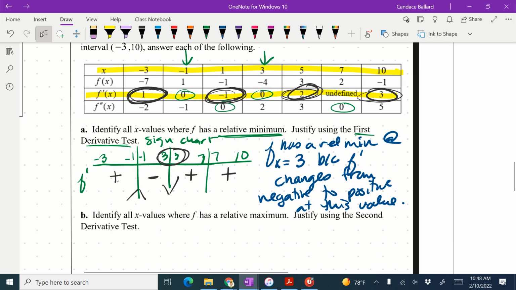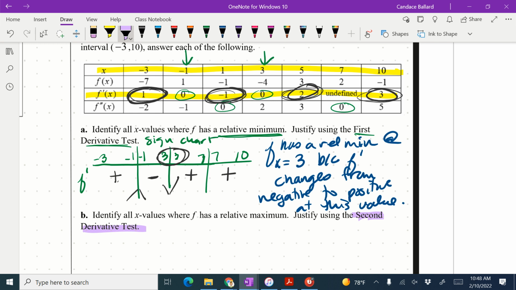We are now going to identify where f has a relative maximum, but this time we're using which test? It says it wants us to use the second derivative test. So just imagine if I did not have the second row, which told me where the zeros are, and they only gave me the fourth row. I wouldn't have a choice but to use the second derivative test.